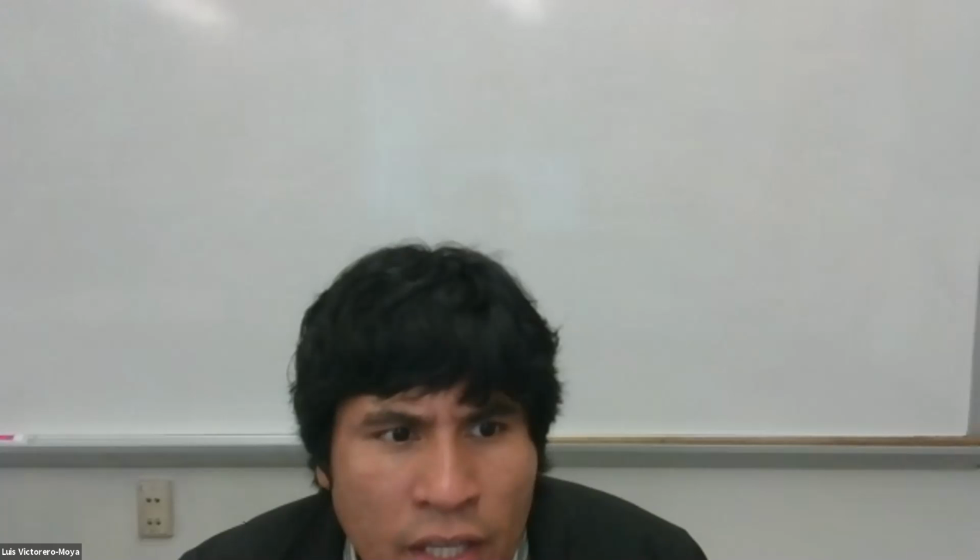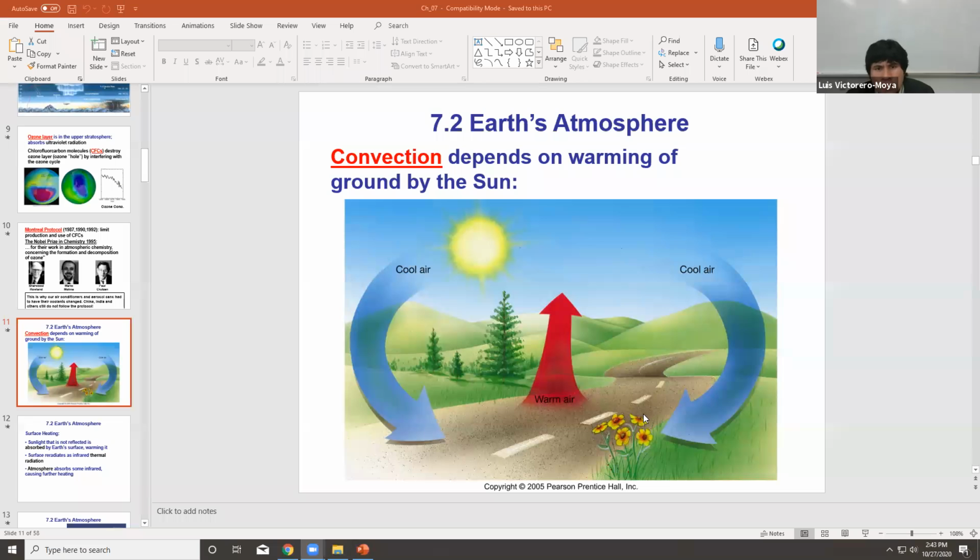Then we have, well, here's a convection cycle actually. So the convection depends on warming of the ground by the sun. You see the cool air comes down, the warm air goes up, right? So this allows us to explain surface heating, okay? And how the surface re-radiates infrared thermal radiation.